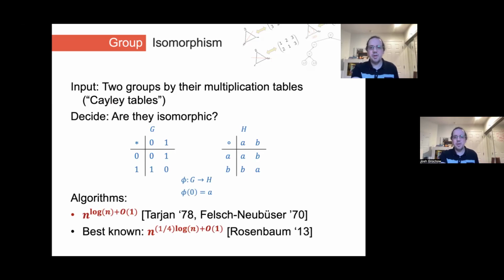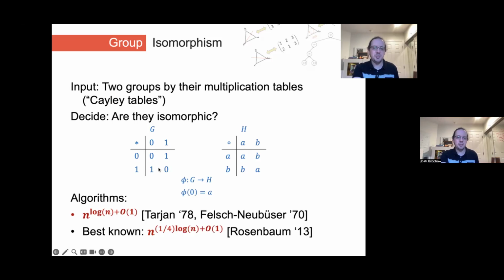Okay, and the group isomorphism problem is: given two groups by their multiplication tables, which are sometimes called Cayley tables, you want to decide, are they isomorphic? So here are two groups on two different sets of size 2. G is a group where the underlying set is 0, 1. H is a group where the underlying set is A, B. And these are just the multiplication tables. So these are the maps.